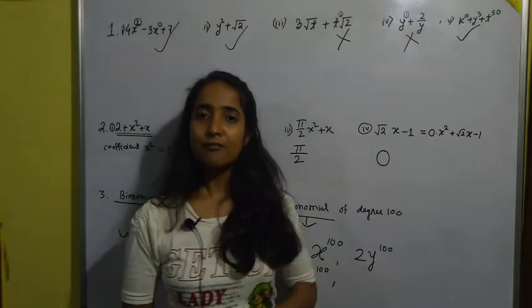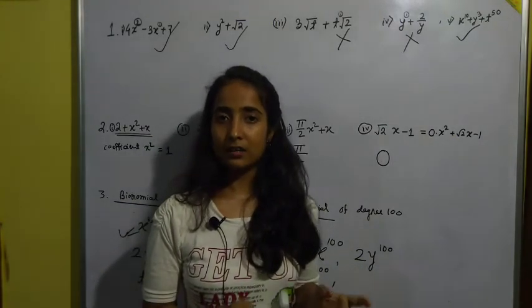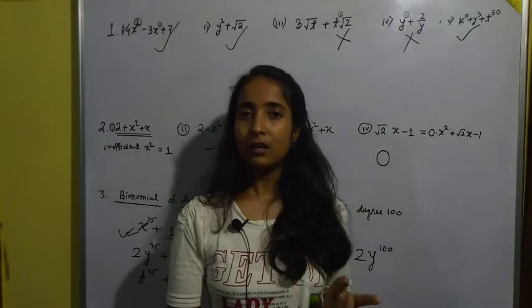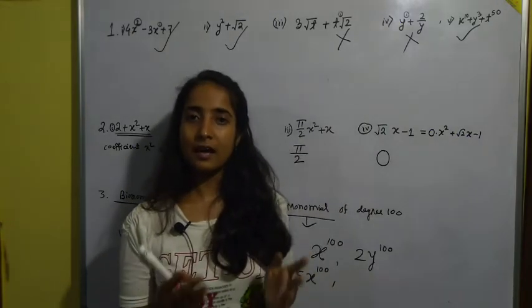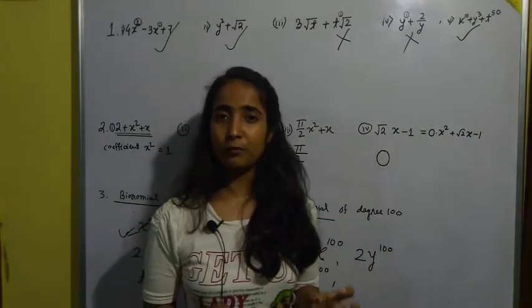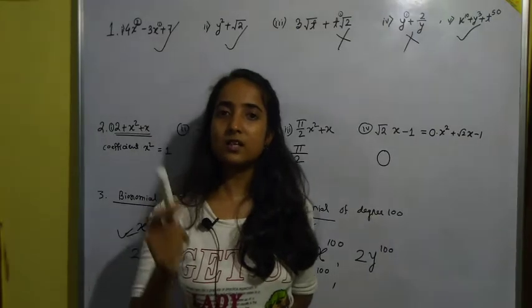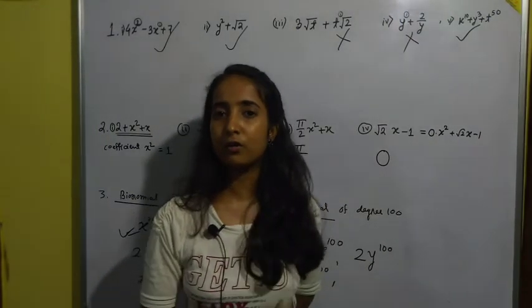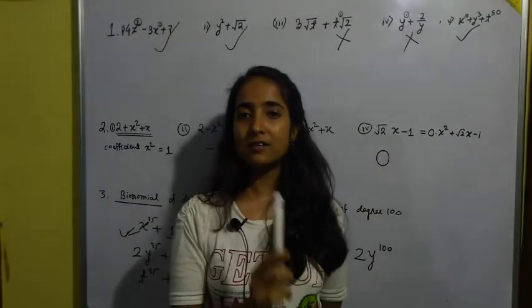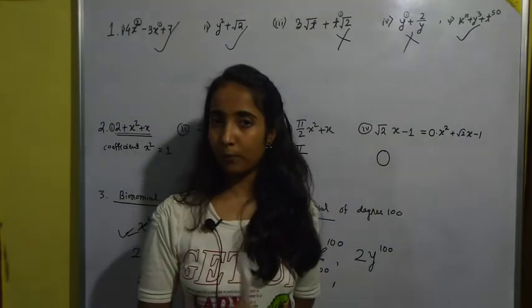That means if a polynomial is of degree 1, this is a linear polynomial. If a polynomial is of degree 2, it is a quadratic polynomial. If the polynomial is of degree 3, it is a cubic polynomial.